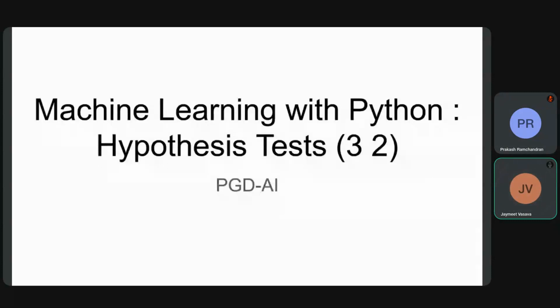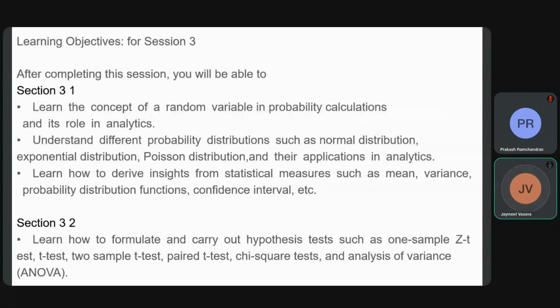This is Machine Learning with Python. This is Module 3, Part 2. In Part 1, we discussed different distributions like normal distribution, exponential distribution, Poisson distribution, and their uses. In this session for Module 3.2, we'll be discussing hypothesis testing, and different tests like one sample Z test, T test, two sample T test, paired test, and analysis of variance.